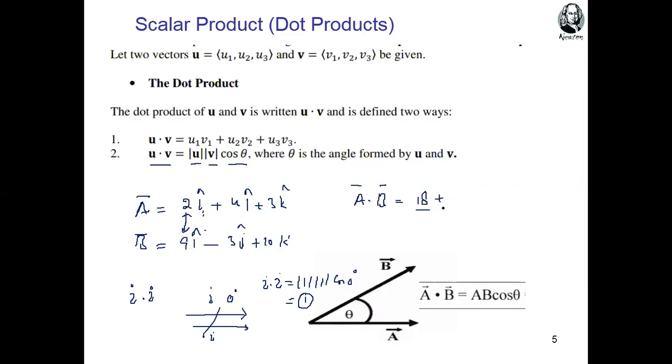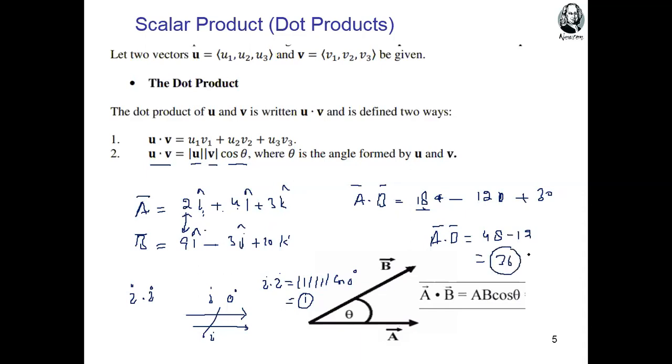Same with j, so the sign is minus because minus multiplied with plus. 4 multiplied with 3 equals 12. No need of writing j. And then we have 3 multiplied with 10, so k with k is 30. So a dot b is equal to 18 plus 30, 48, minus 12 equals what? 36.